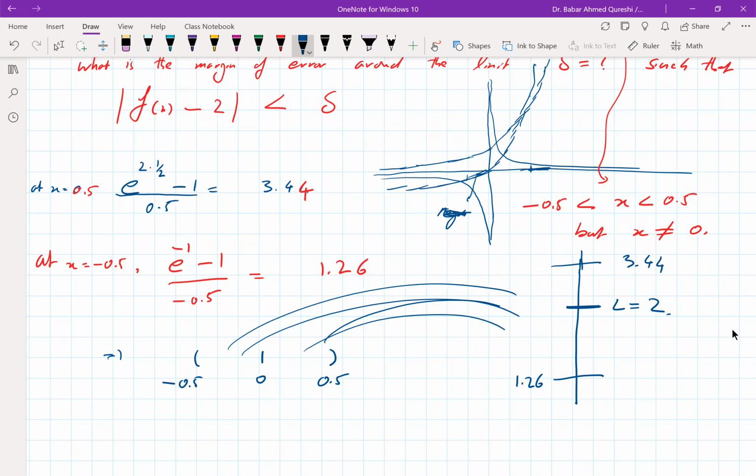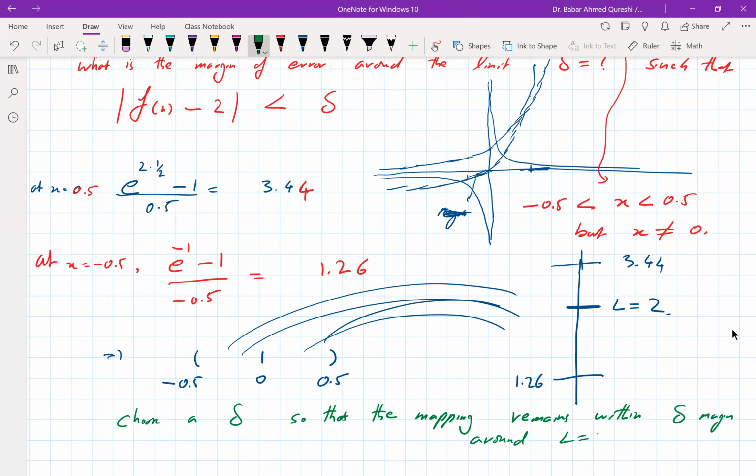So I have to choose a delta, so that the mapping remains within delta margin around L is equal to 2.